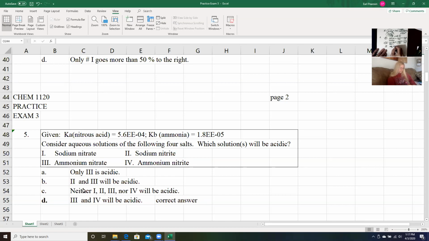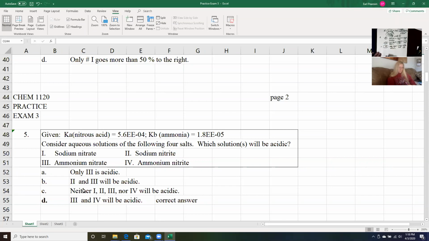Again, how would you make this one? Well, you'd make it from NH3 and HNO3. This is a strong acid. This is a weak base. So the strong acid dominates. This solution is acidic. So this is a possible answer.